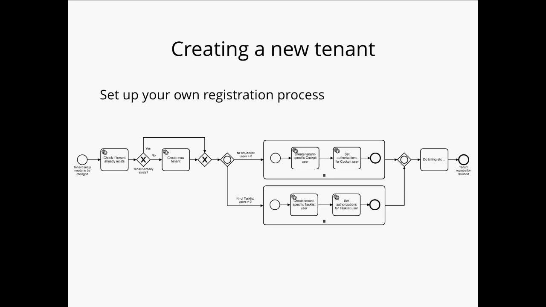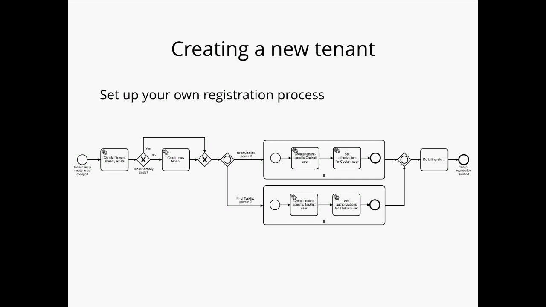Then you are basically set up: you have a tenant and you have users that belong to the tenant. Afterwards, you could do all the other management tasks you need in order to fulfill your registration. For instance, you could do billing, send out confirmation emails, or do whatever maintenance you need to do for your business.